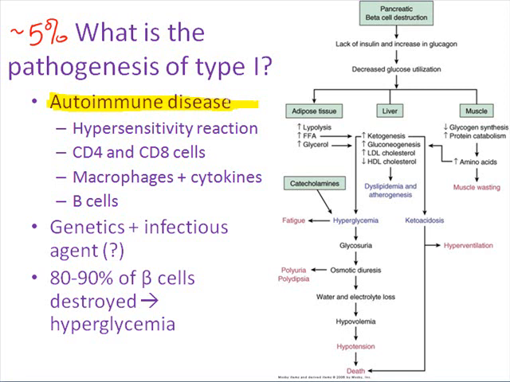And as a result, they initiate an abnormal immune response. They recruit, you know the story, macrophages to the area. The macrophages begin to secrete all those different types of damaging cytokines we learned about earlier in the semester. B cells get activated, the cytotoxic T cells are activated in cloning, and we get this massive attack of the beta cells in the pancreas and their ultimate destruction.